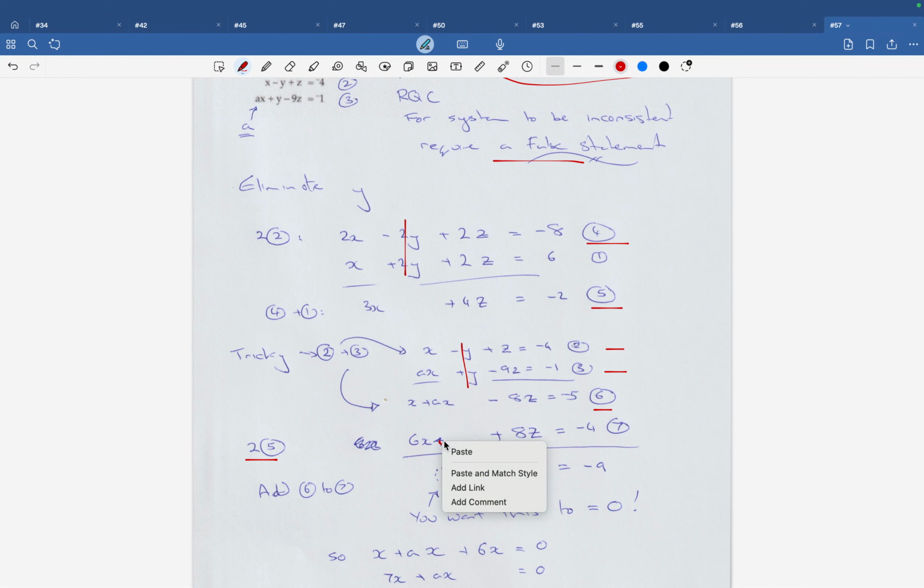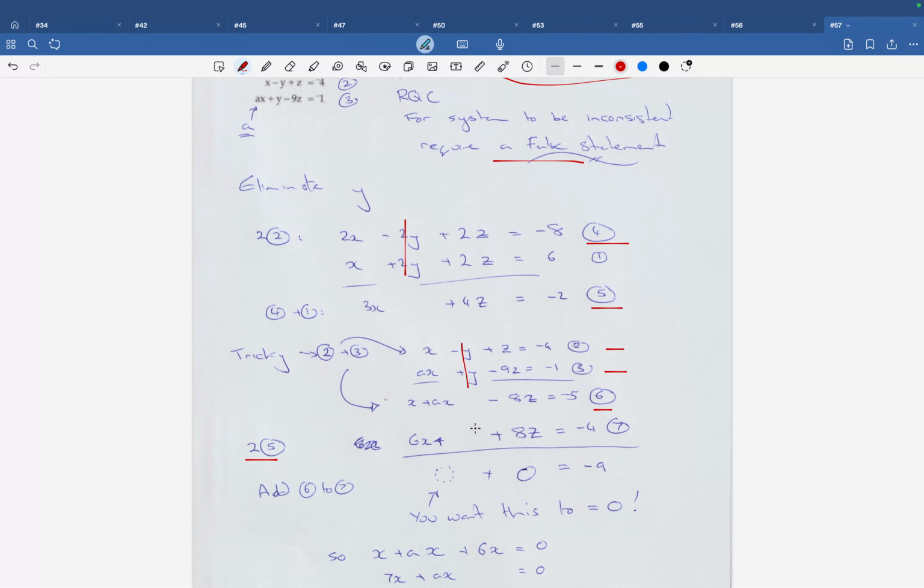That gives me 8z, sorry. That's times by 2. That gives me -4. So now I have these two equations. And what I want to basically do is I want to add equation 6 and equation 7. And on this side, -5 plus -4 gives me -9. Now here, -8 plus 8 gives me, yes, that's what I want, 0.